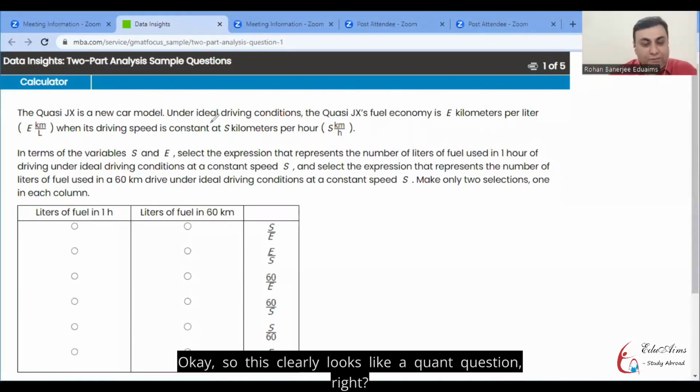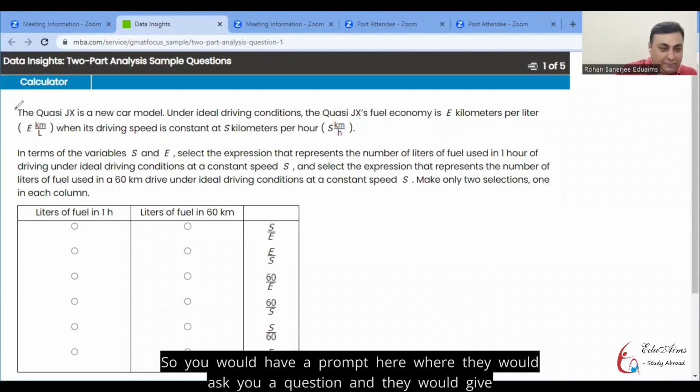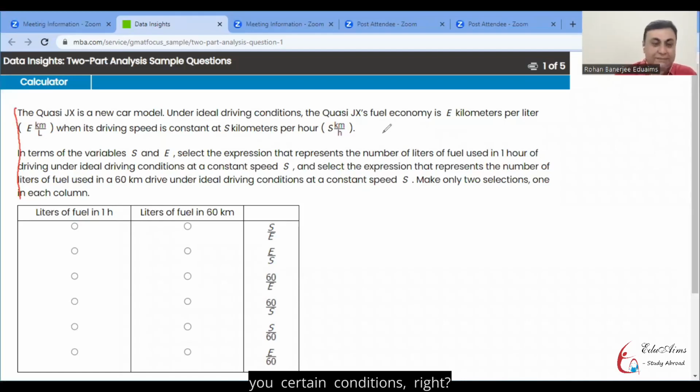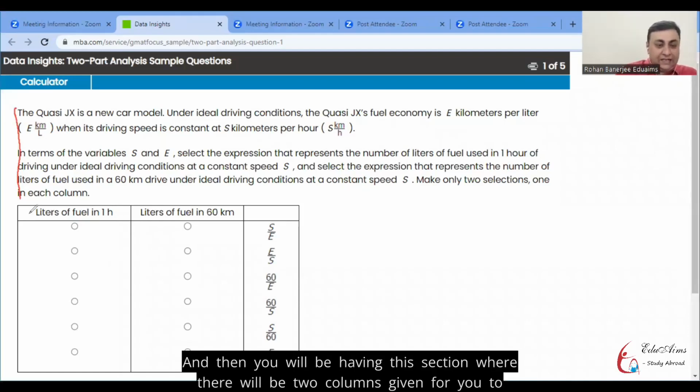Okay, so this clearly looks like a quant question, right? You would have a prompt where they ask you a question and give you certain conditions. Then you will have this section where there will be 2 columns for you to choose the answer.